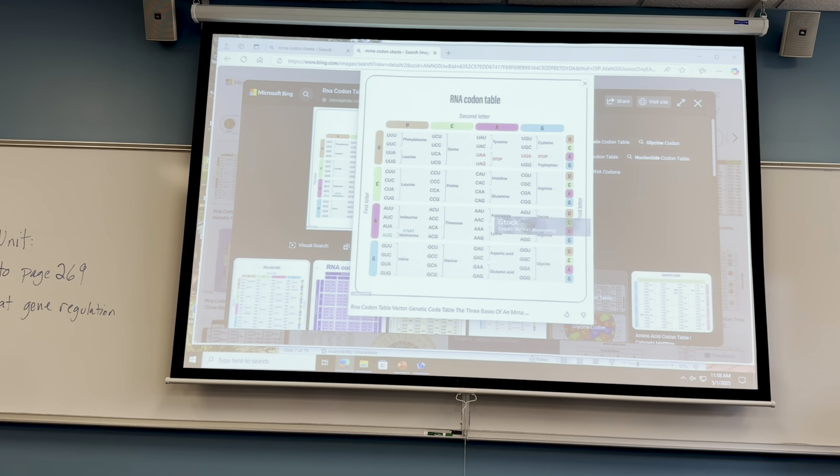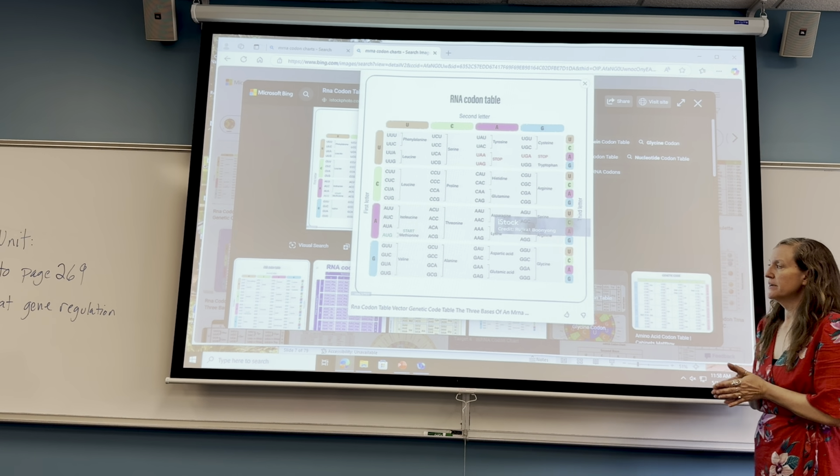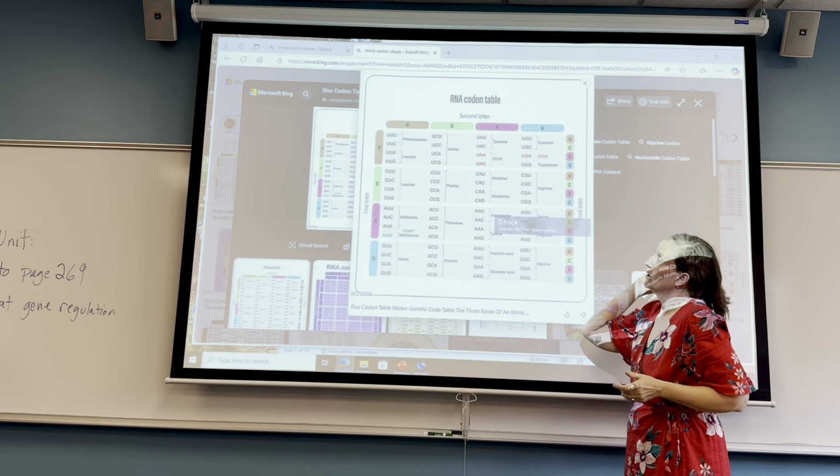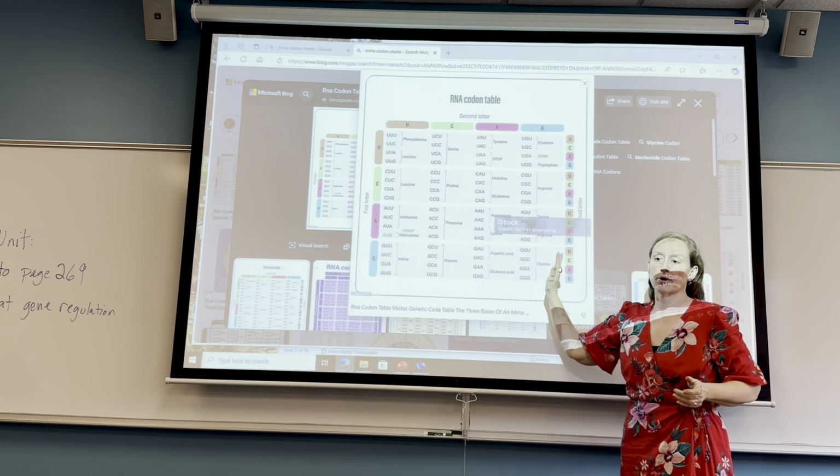Okay, so you have this in your lab book and you'll be working with it today, this chart. These are all the 64 codons.